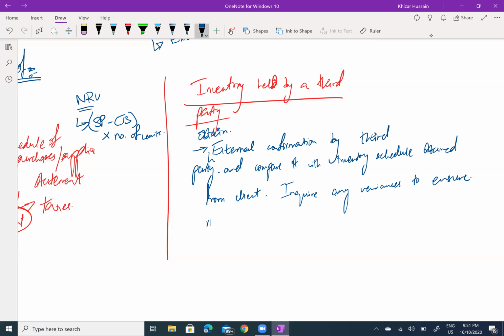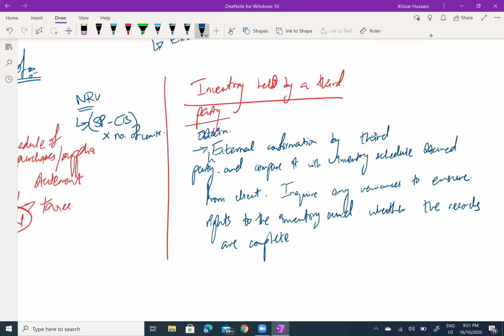To ensure, because obviously I cannot talk about existence, because inventory does not exist at my premises. That is not my warehouse, so I cannot say existence, right? To ensure rights and whether the records are complete.